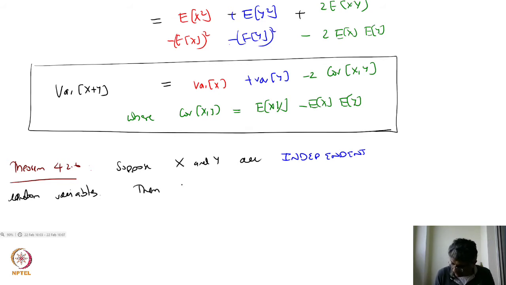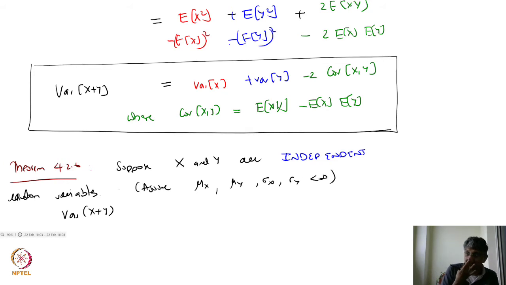Then let's try and guess what's variance of X plus Y. Let's give all these caveats: assume mean of X is finite, mean of Y is finite, standard deviation of X is finite, and standard deviation of Y is finite. Everything is finite. Then the above everything is okay.